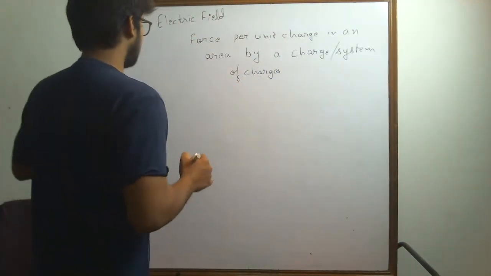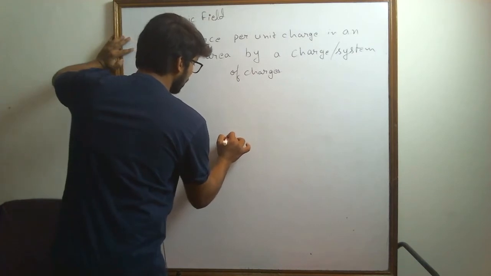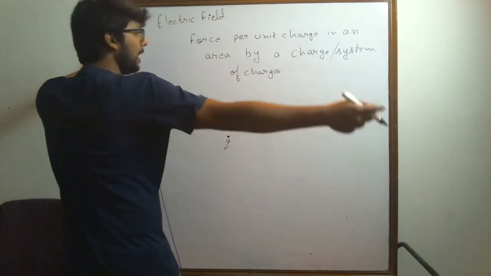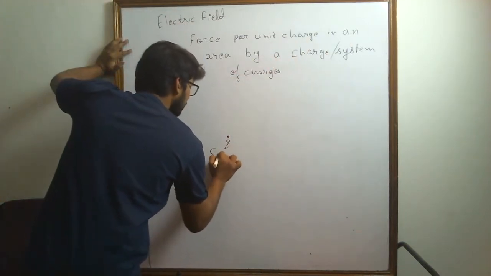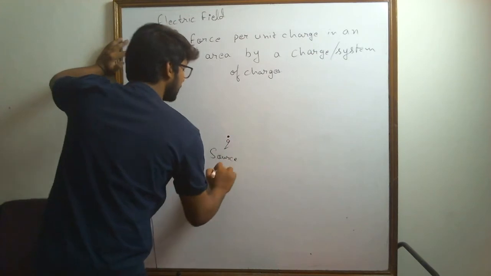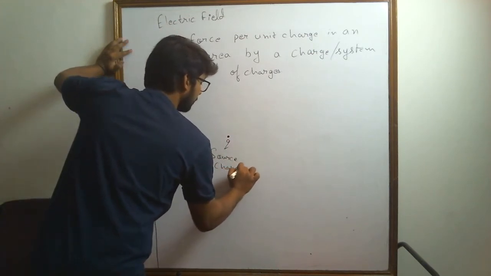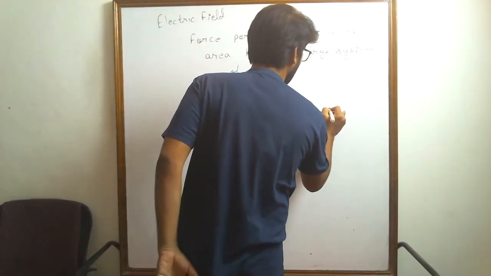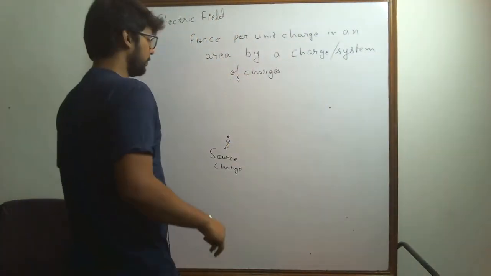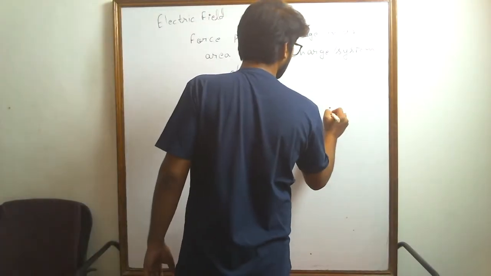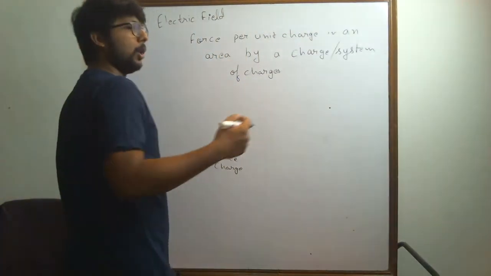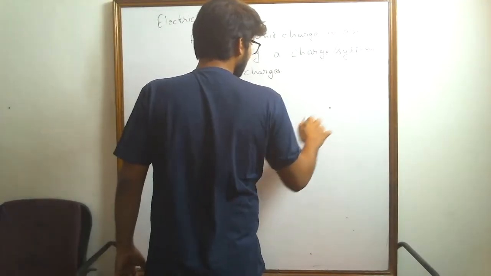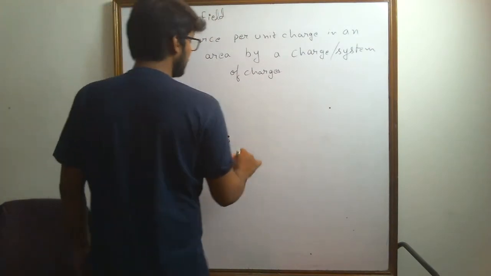What does this mean? Suppose I have a charge Q right here in the middle of this board, and then I get a test charge. This is called a source charge because this is the charge that is creating the electric field that we are trying to understand. And then I bring a test charge, and this test charge is very small. So the force on this test charge by Q is how much?